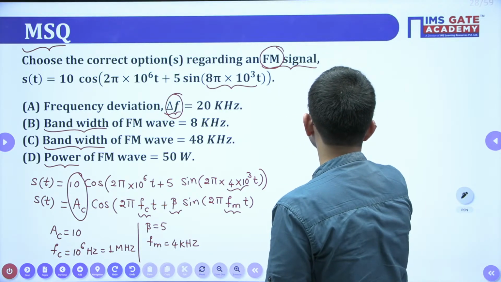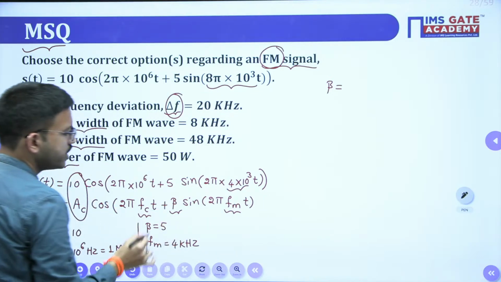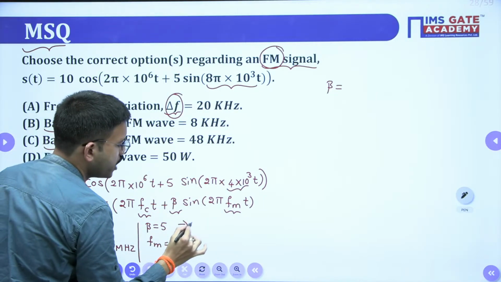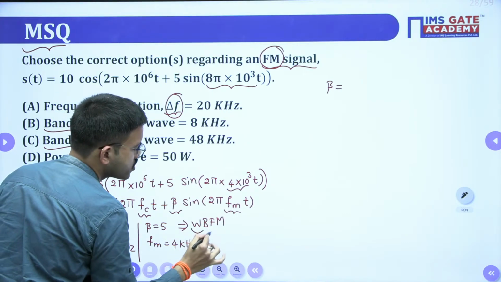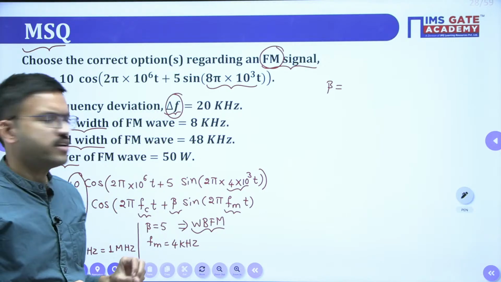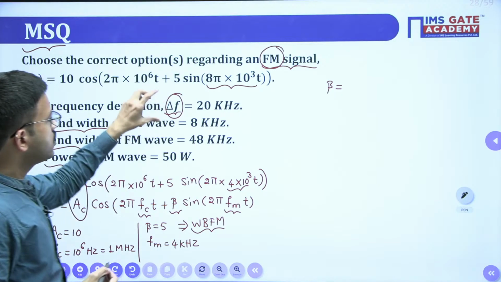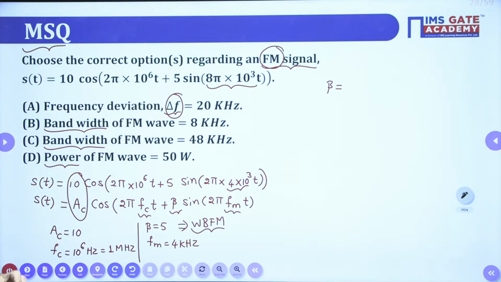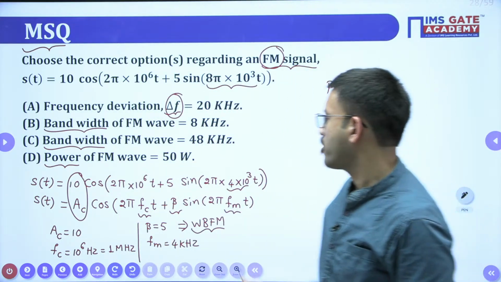Beta equals, here beta value is 5, so it is greater than 1, which indicates wideband FM. So the given FM equation is related to wideband. What is the standard formula for beta in terms of delta F, the modulation index in wideband FM?